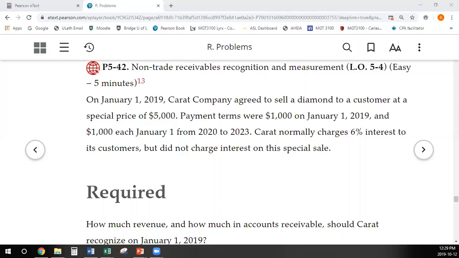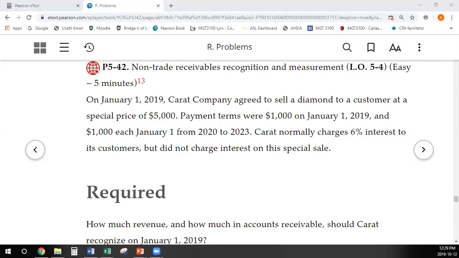Carrot normally charges 6% interest to its customers, but it didn't charge interest on this special sale. So the required is how much revenue and how much in accounts receivable should Carrot recognize on January 1st, 2019.